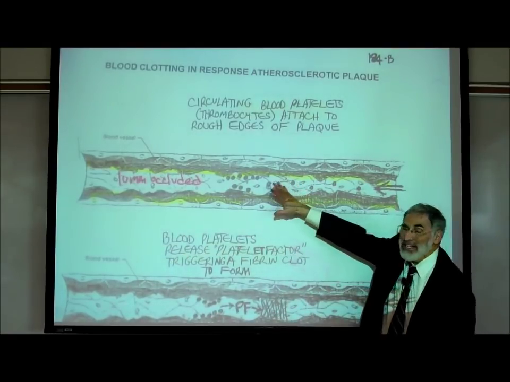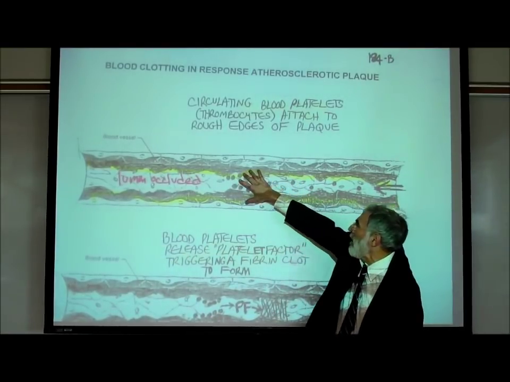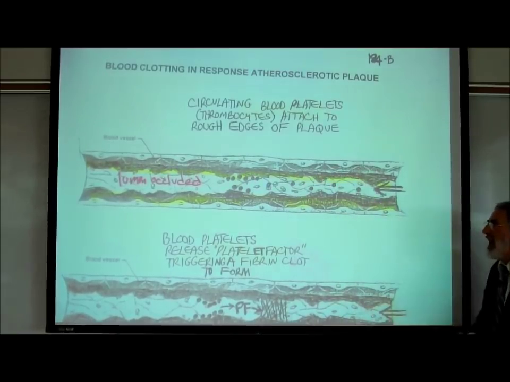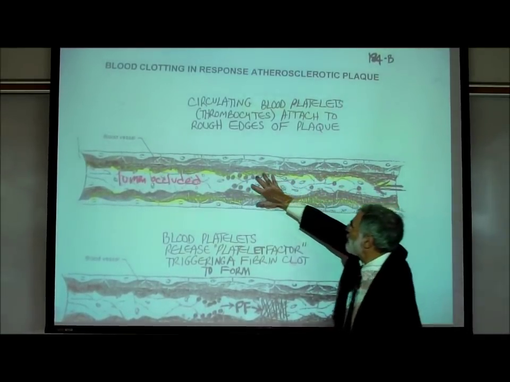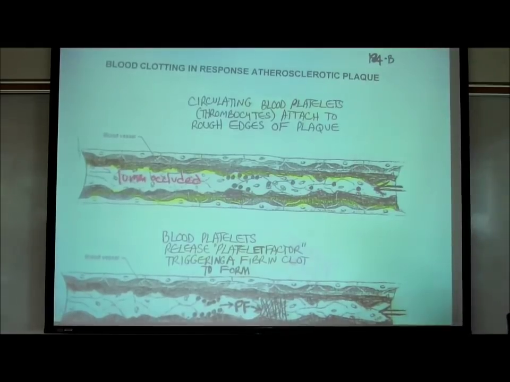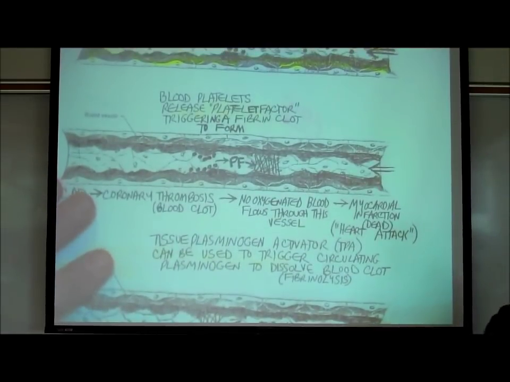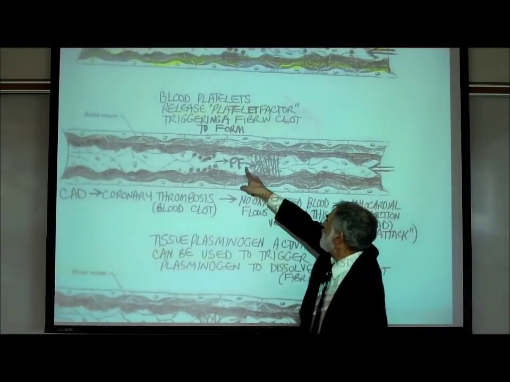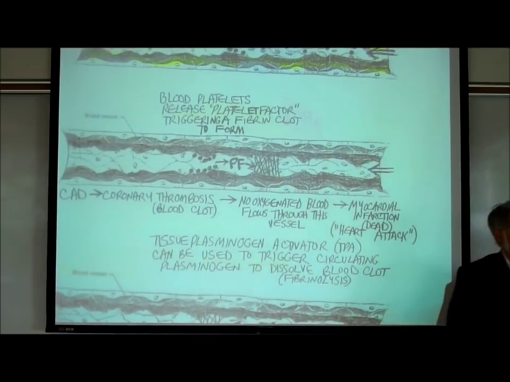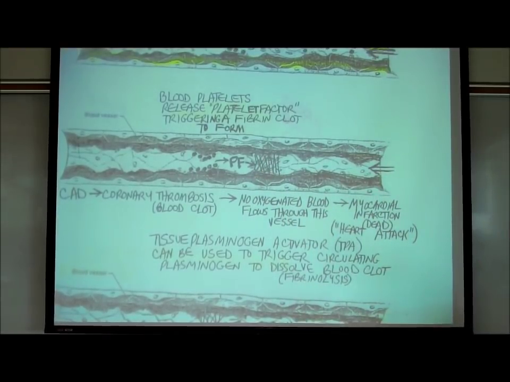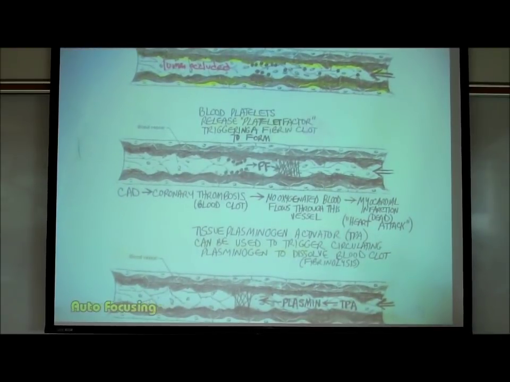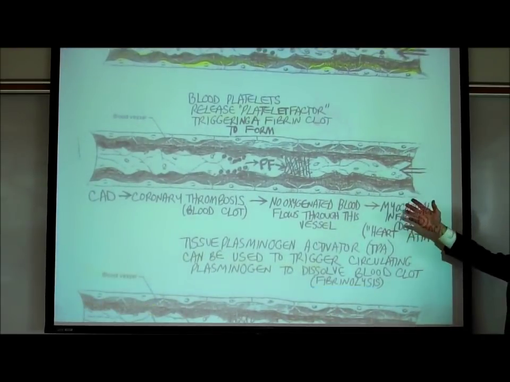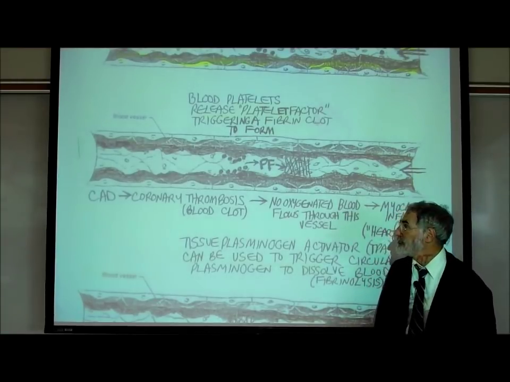In this case, the vessel wall isn't cut, but there's this crud, this atherosclerotic plaque. The platelets aggregate, they release PF, platelet factor, and platelet factor causes a fibrin clot to form. So a fibrin clot is forming in this vessel. Maybe it's a coronary artery, and it's not because the vessel was cut.